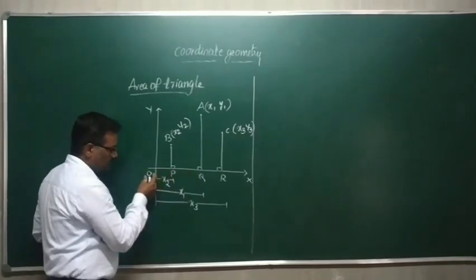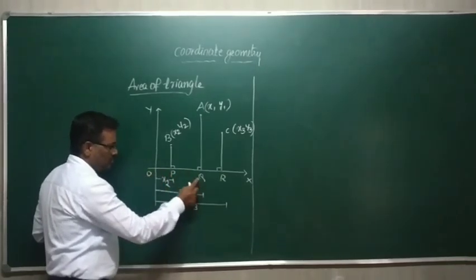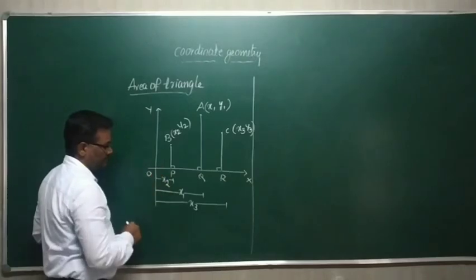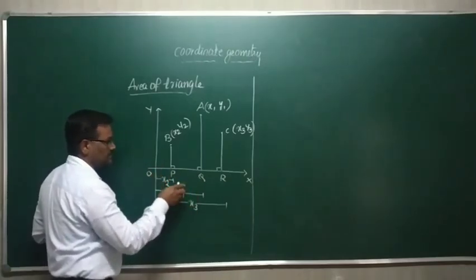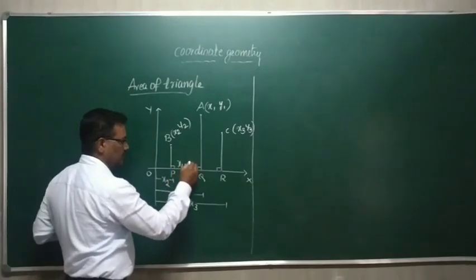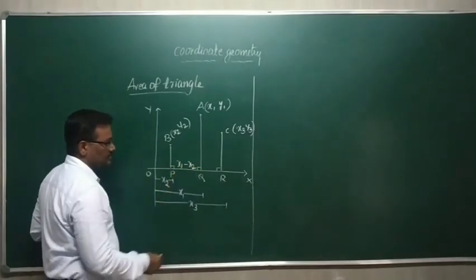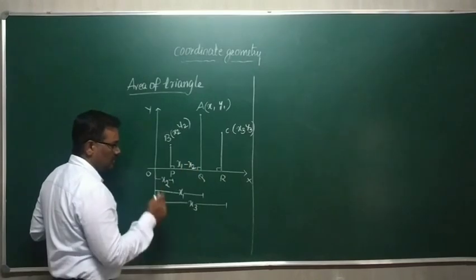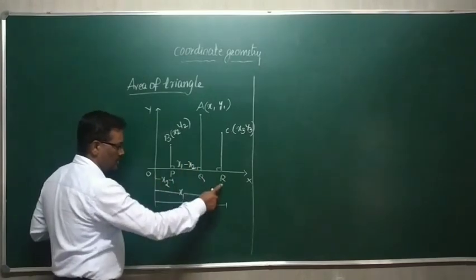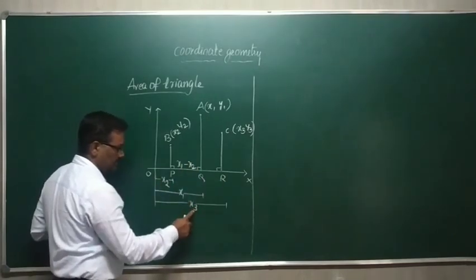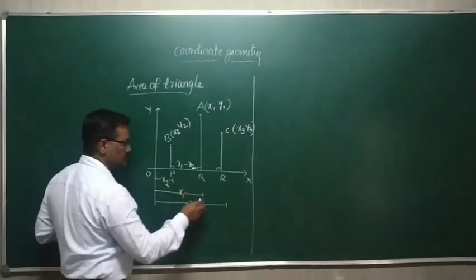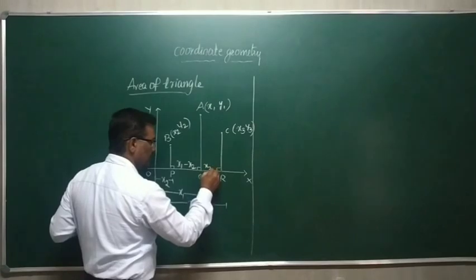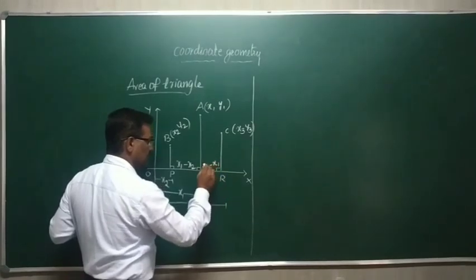With respect to the O, OQ minus OP, x1 minus x2. Similarly, for QR, OR, that is x3, minus OQ, that is x1, x3 minus x1.